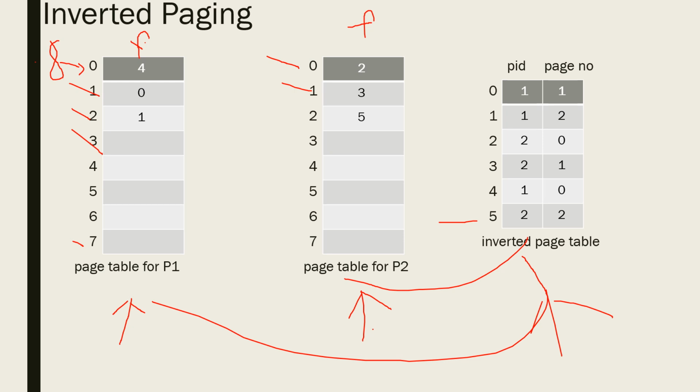As you can see, if you look at this page table for process 1, it shows that page 0 of process 1 has been put in frame 4. If you look at the inverted page table, these are the frames, and frame 4 has page 0 of process 1.